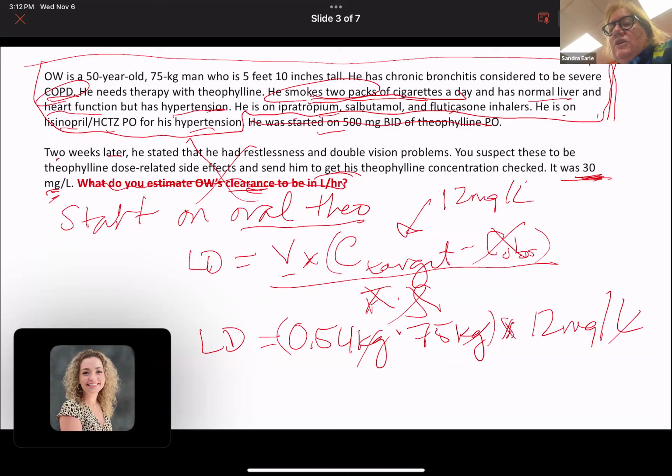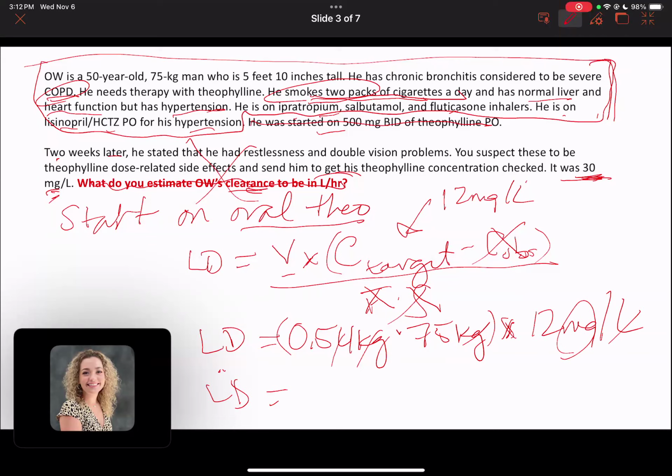So those liters will cancel and we just have milligrams, which is what we need for loading dose, isn't it? I often go through the units first and make sure that it makes sense, because if not, I might have forgotten a component. Does that make sense? Yeah. So 0.5 times 75 times 12.